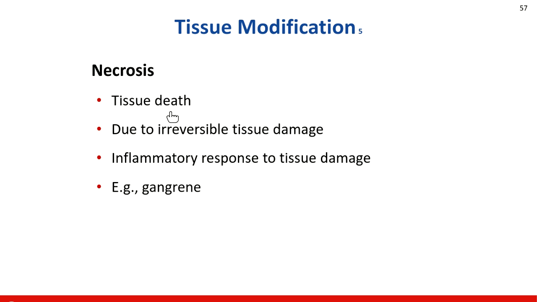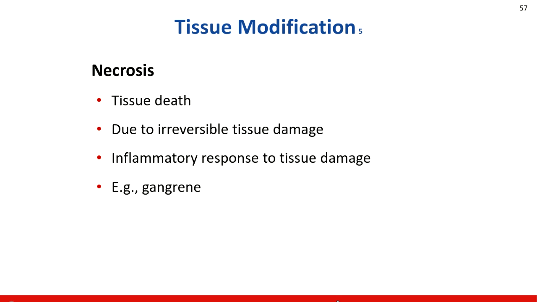It'll decrease the flow of blood to your digits, to your fingers and toes. If they don't get enough nutrients, then those tissues in those areas can die. And when they die, you start to get this inflammatory response. And gangrene is an example of that.